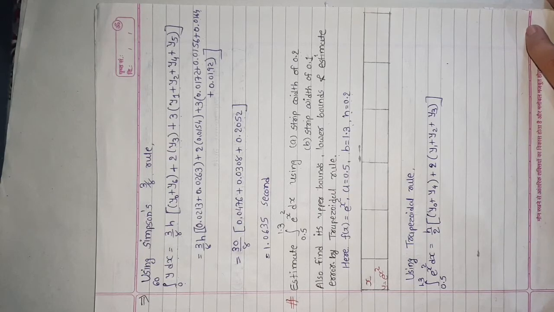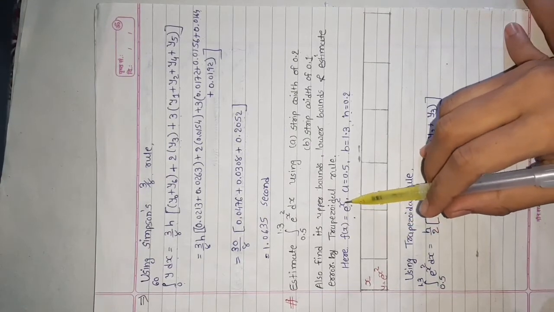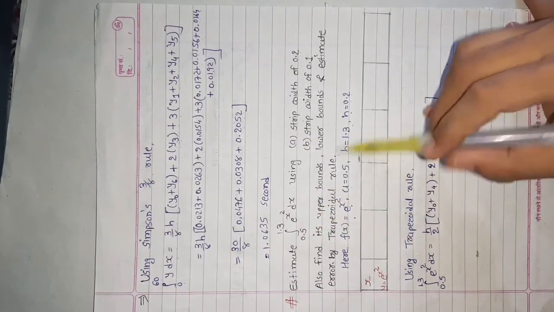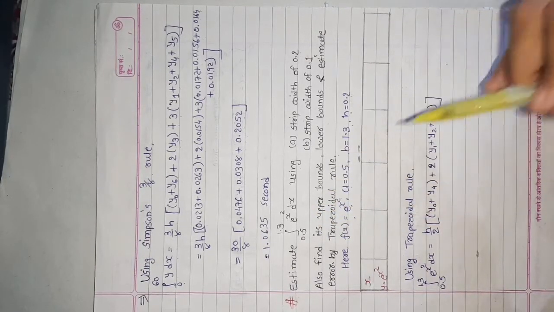So first we find using the trapezoidal rule, with h equal to 0.2 and h equal to 0.1. Here f of x equals e raised to x squared. The value of a is 0.5, the value of b is 1.3 and h equals 0.2.